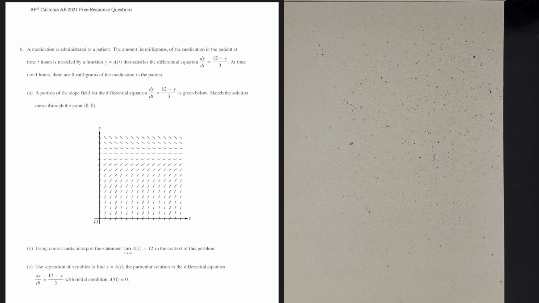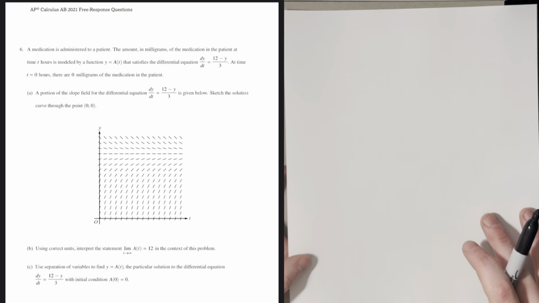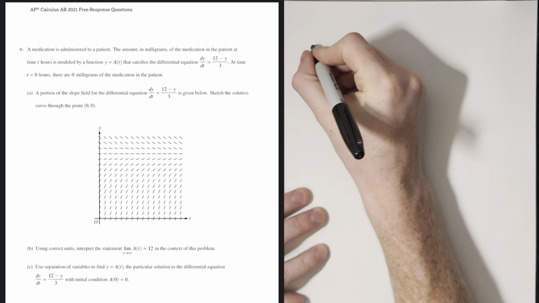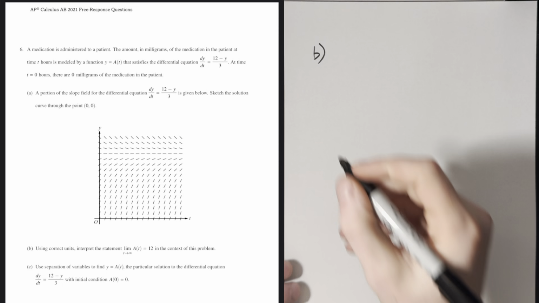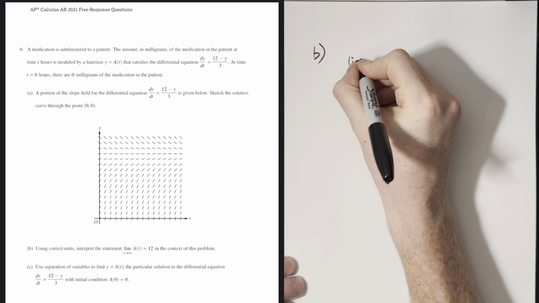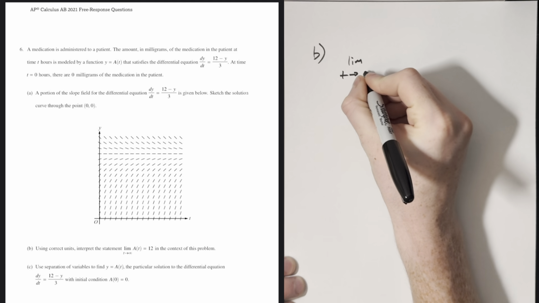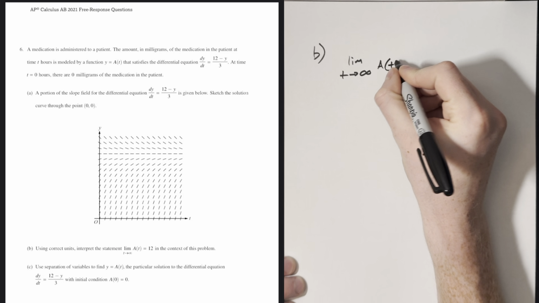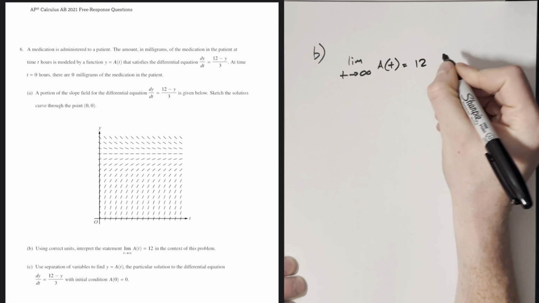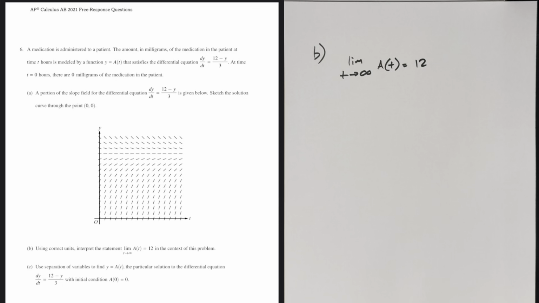Moving on to part B. It says using correct units, interpret the statement, the limit as t approaches infinity of A of t is equal to 12 in the context of this problem.